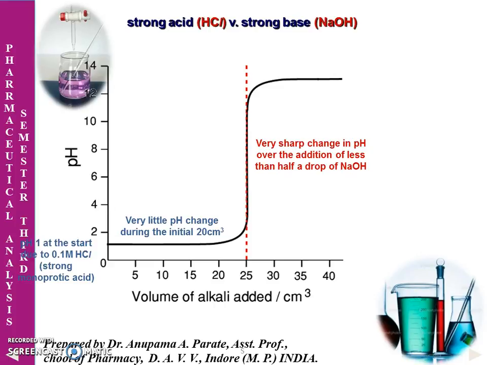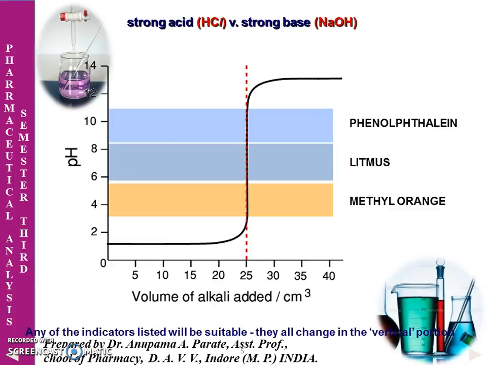Initially there was very little change, and a very sharp change was observed at the end point, so we can conclude that all three types of indicators, that is methyl orange working in the acidic range, litmus working in the neutral range, and phenolphthalein working in the basic range, can be used in strong acid, strong base titrations.